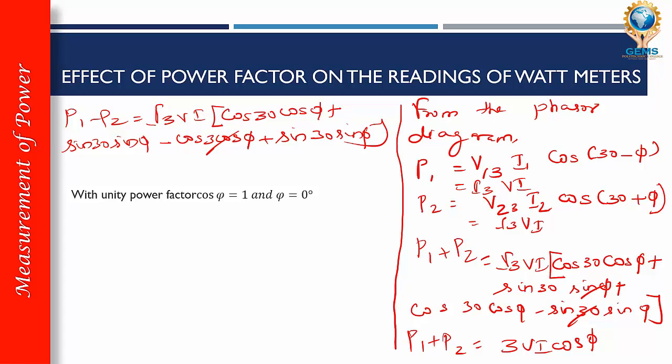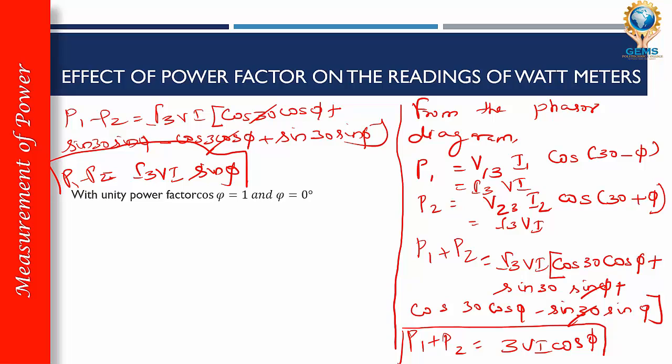So on solving I get root 3 VI into 2 sin phi sin 30, or otherwise root 3 VI sin phi. So this is P1 minus P2 and this is P1 plus P2.